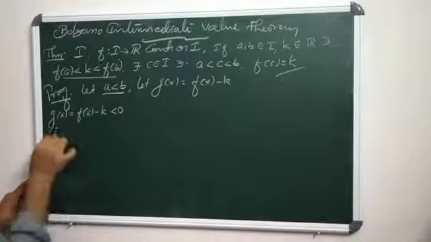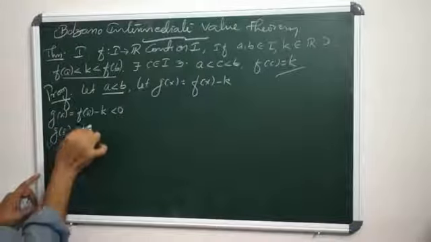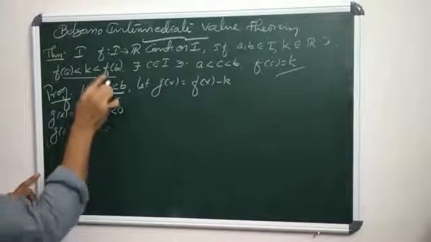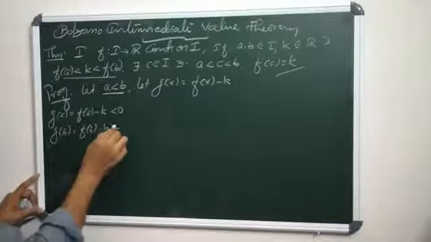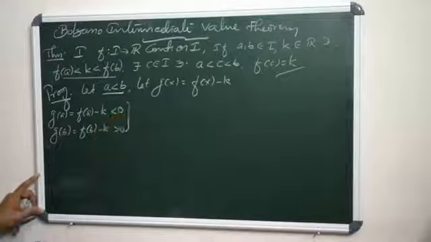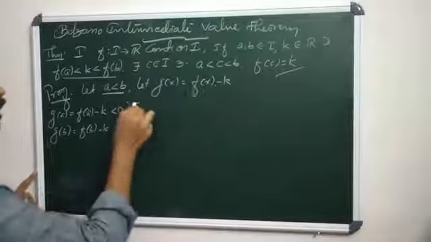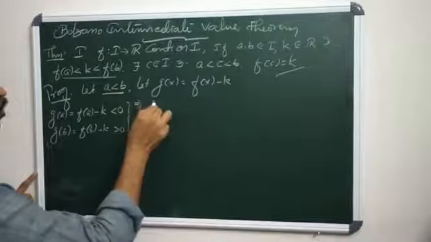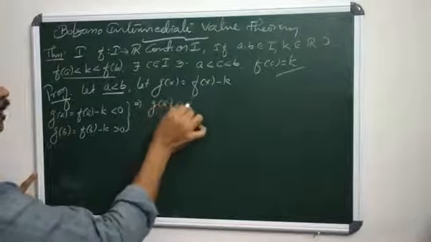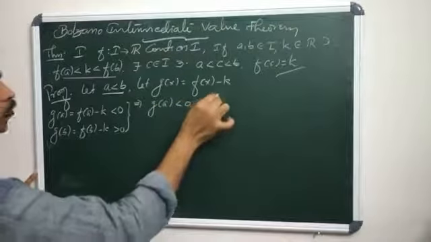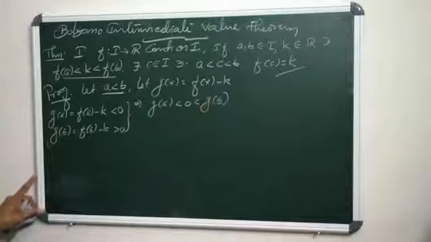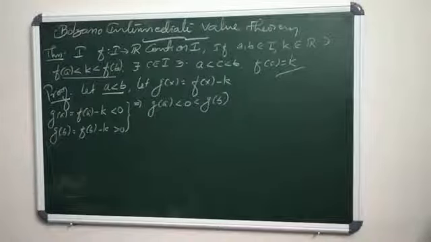Sure. What is g(b)? g(b) is f(b) minus k, which is positive. Clear? So when g(x) equals f(x) minus k, this implies g(a) is less than 0 less than g(b).